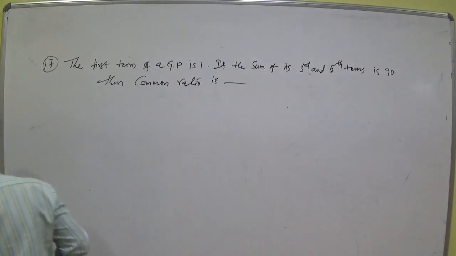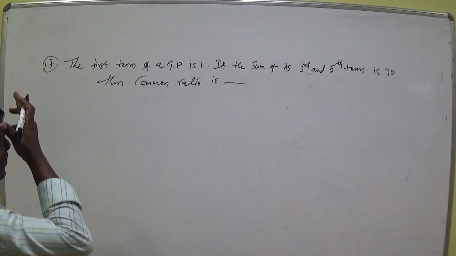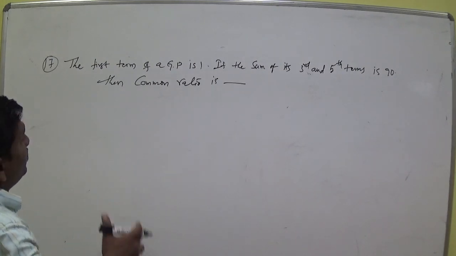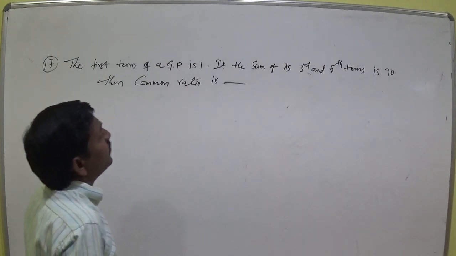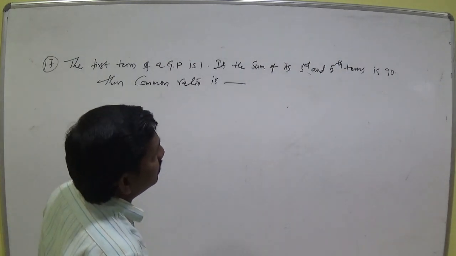Here the first term of a GP is A equal to 1. The sum of its third and fifth terms is 90.